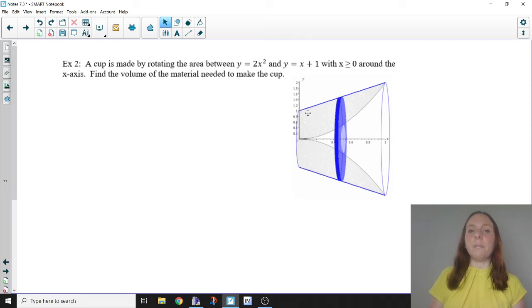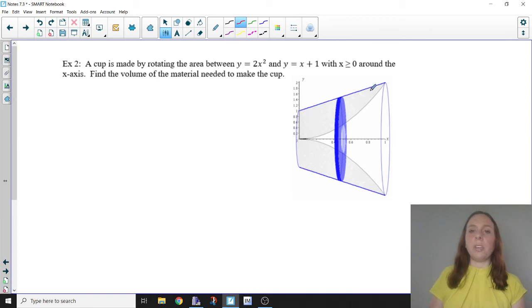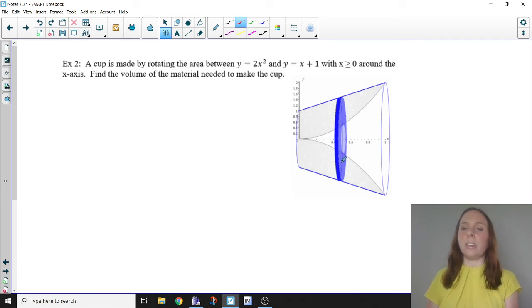Okay, and this region that you're looking at right here would be the area between the two curves, right? But then we rotate that area about the x-axis, and what we see is this resulting cross-section. A cross-section is mainly just highlighted from the solid.